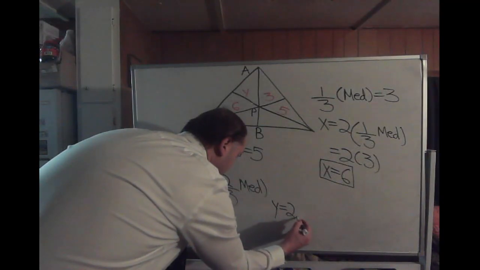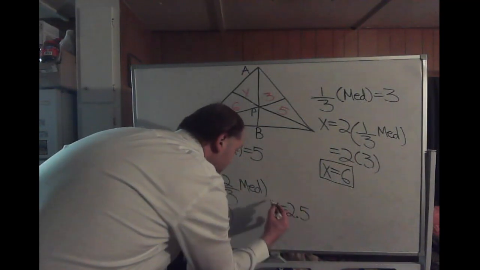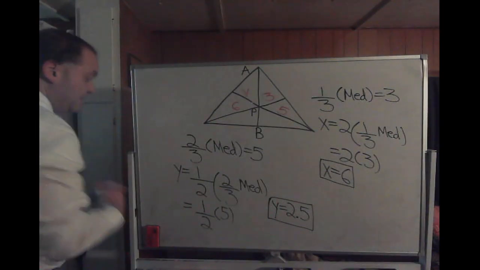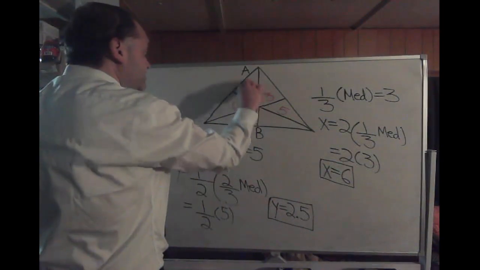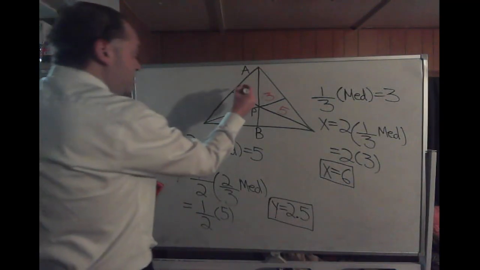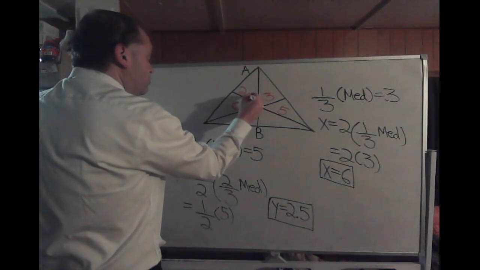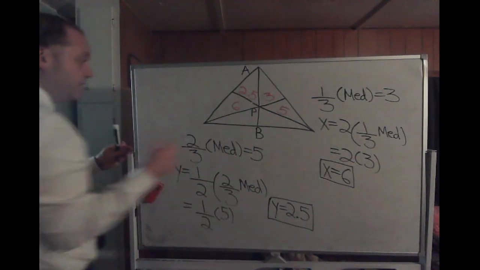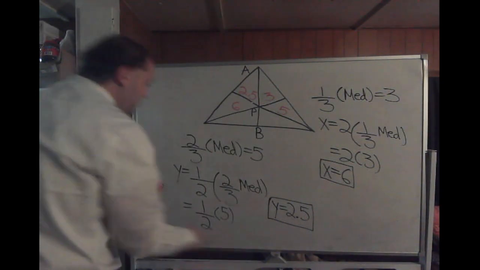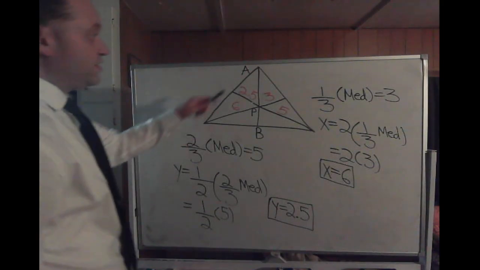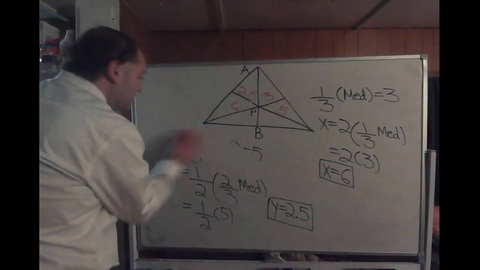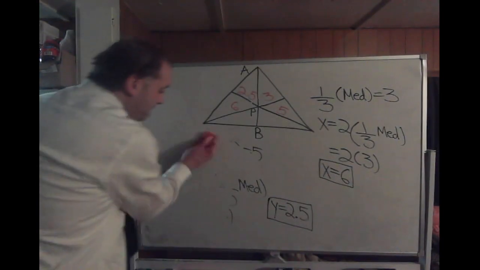So y would generate a value of 2.5. And this is going to stay here for all the exercises. Okay, so now we got the lengths between those two medians. Now for the next 3 exercises, we're going to figure out the lengths of AP and PB and AB. So let's go ahead and do just that.